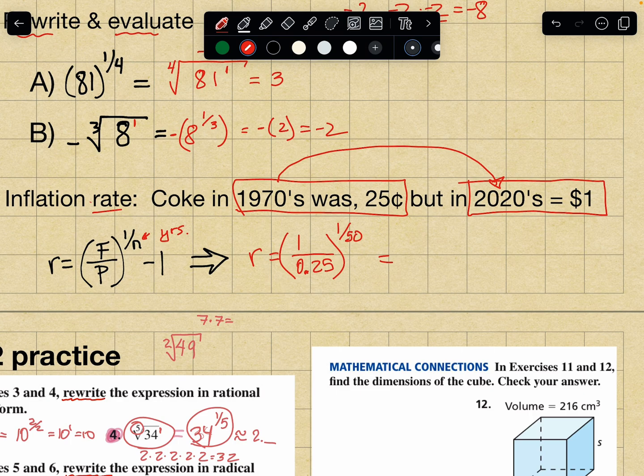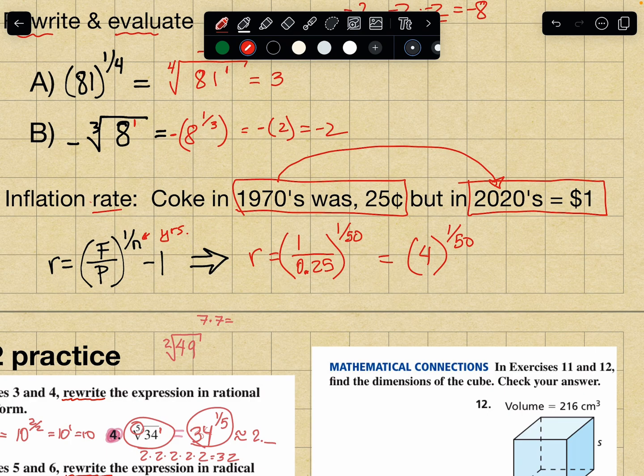So now I'm going to take 1 divided by 0.25. I'm going to grab my calculator. There should be some at the desk here near you. And 1 divided by 0.25 is 4. So now I need to take 4 to the 1/50th power.